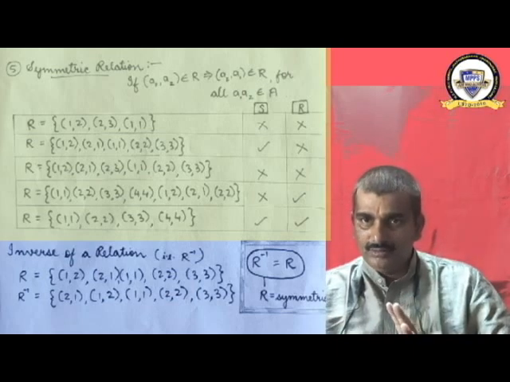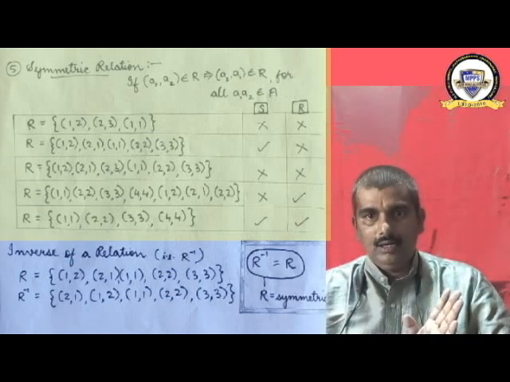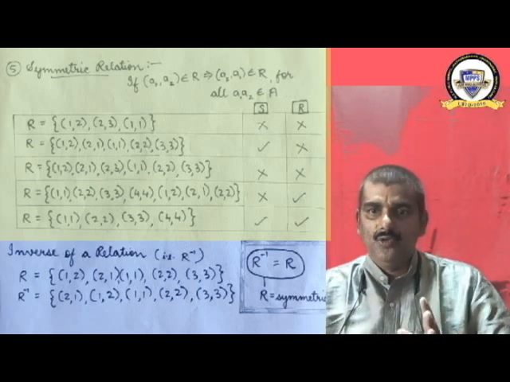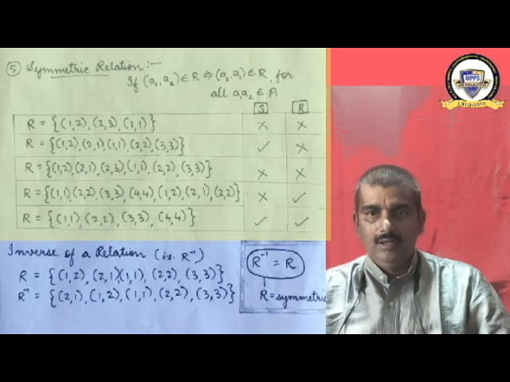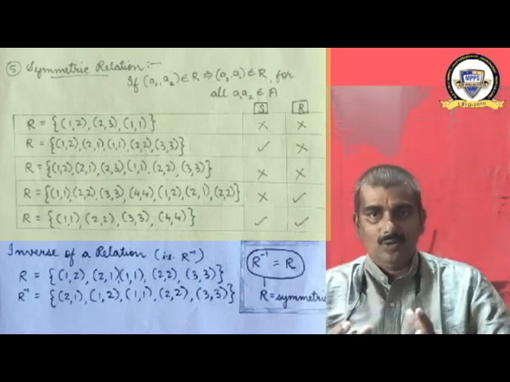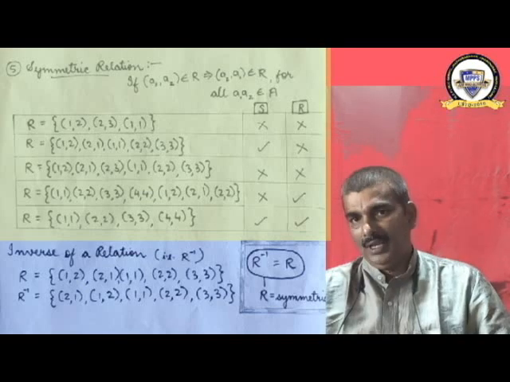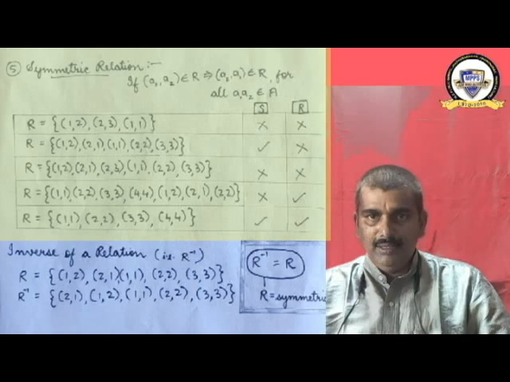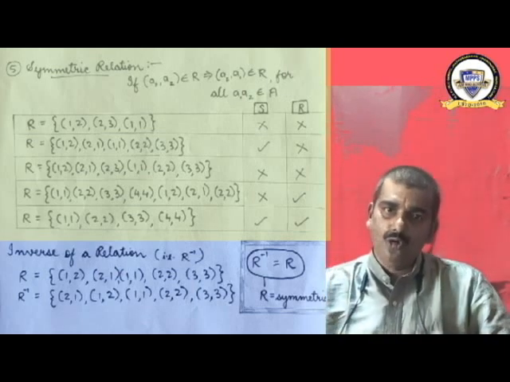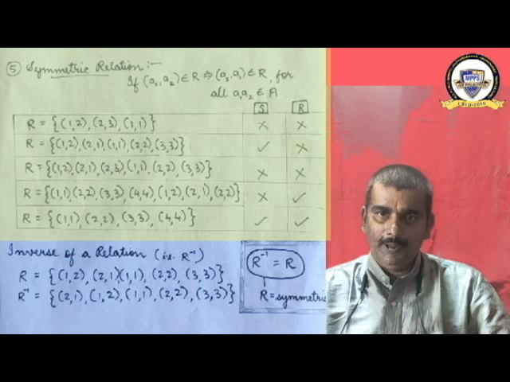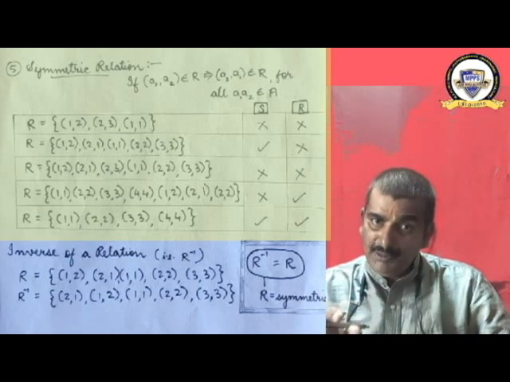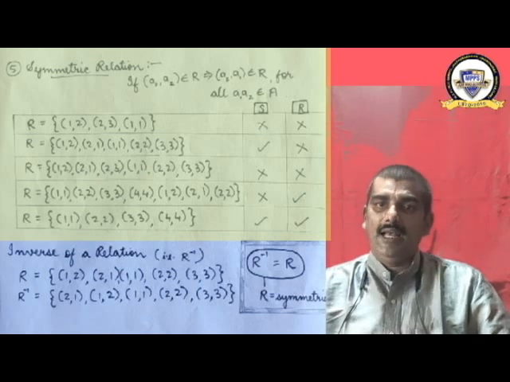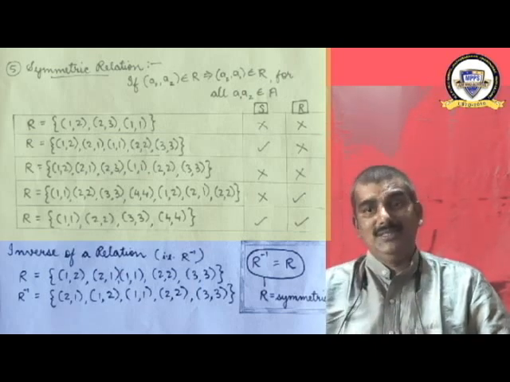It's the opposite, a reverse relation, which we are going to study in this area. If a1,a2 is an ordered pair in the relation, that means a2,a1 must also be an ordered pair of the same relation. Such types of relations are called symmetric relations.